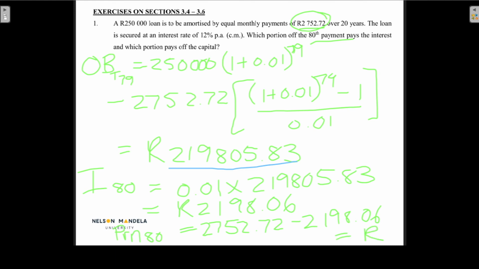So for the 80th payment, I pay back on my loan only 554 rands 66 cents. This example clearly illustrates the effect of interest when you pay back a large amount.